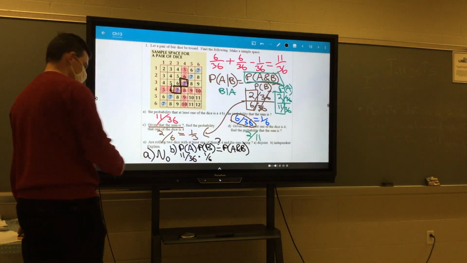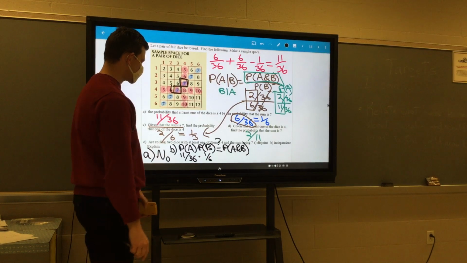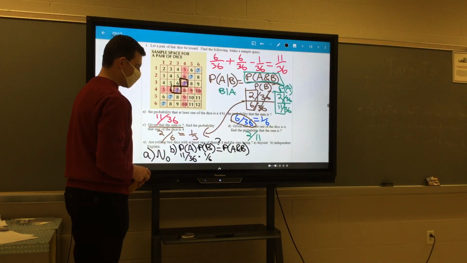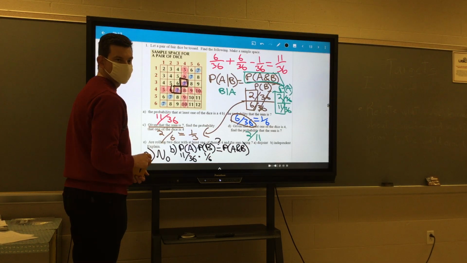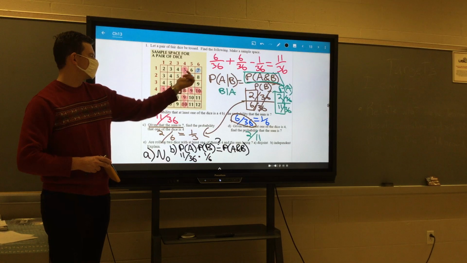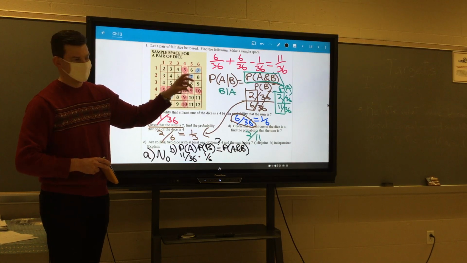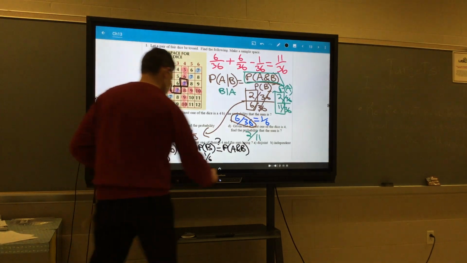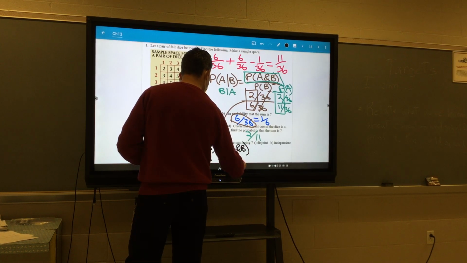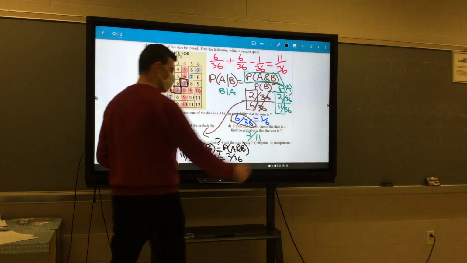And by reducing, it helps keep the numbers a little smaller. Now, the probability of A and B, we already know what that is. There were 2 spaces that satisfied both out of the full 36. So if this is true, this should be equal to 2 out of 36 or 1/18.